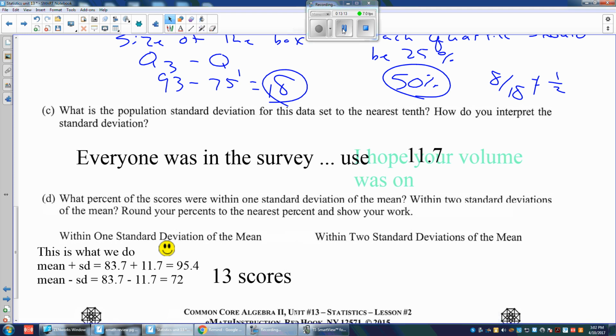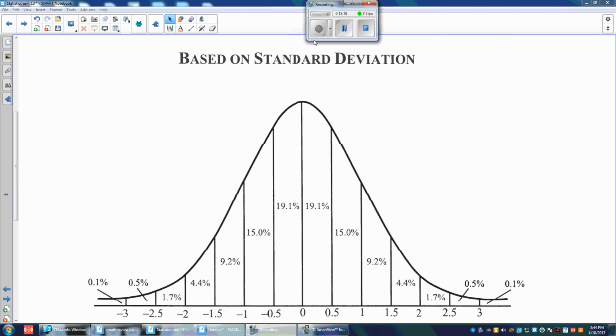What does that look like? This is what a standard deviation curve looks like, and I want you to notice that from 0 to 1 is one deviation from the norm. So we have to have the minus and the plus.